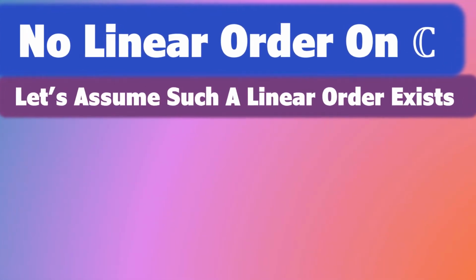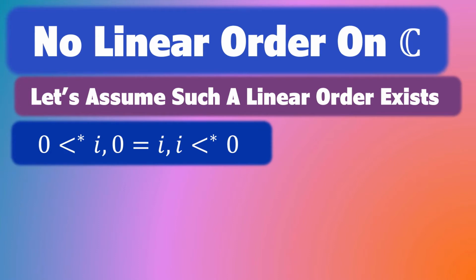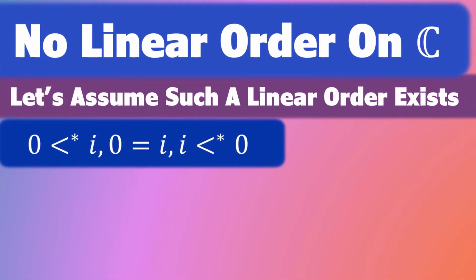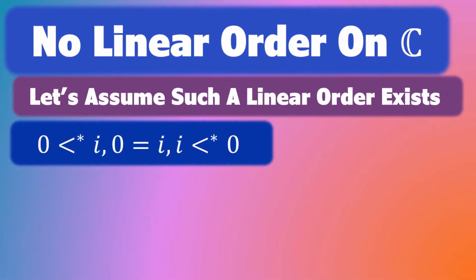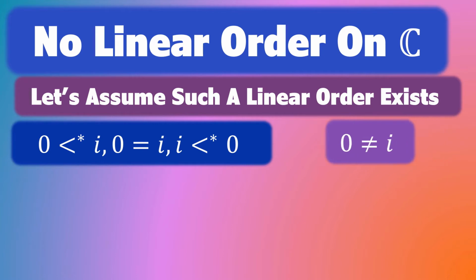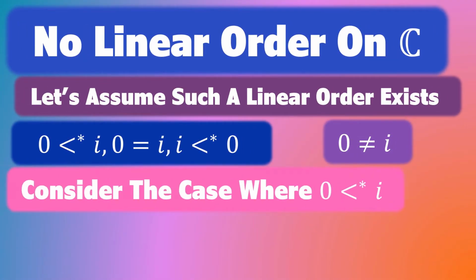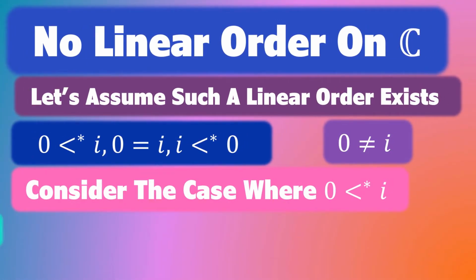For a contradiction, let's assume such a linear order exists. By the definition of a linear order, we must have that exactly one of these holds: 0 is less than star i, 0 is equal to i, or i is less than star 0. Clearly, 0 does not equal i, so that case does not hold. Now, let's consider the case where 0 is less than star i.